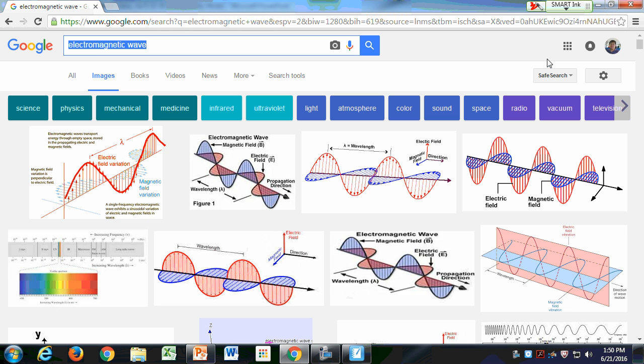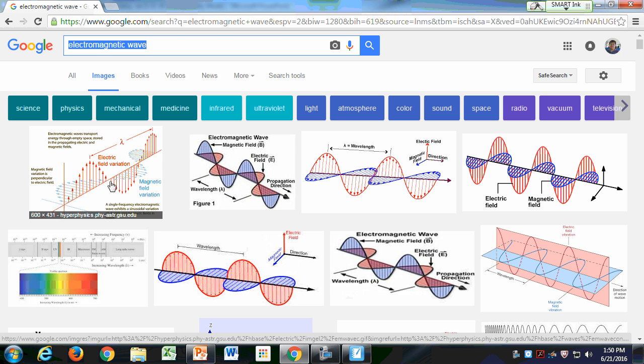And then perpendicular to that, you have these blue arrows. These are the strength of the magnetic field, perpendicular to the electric field. So that is an example of an electric field and a magnetic field oscillating.